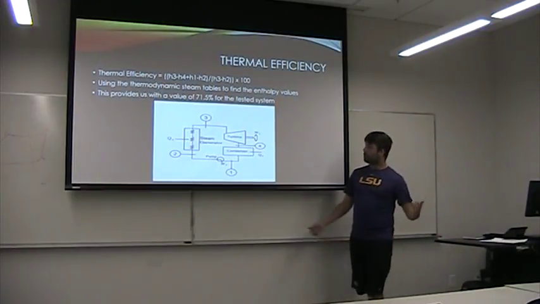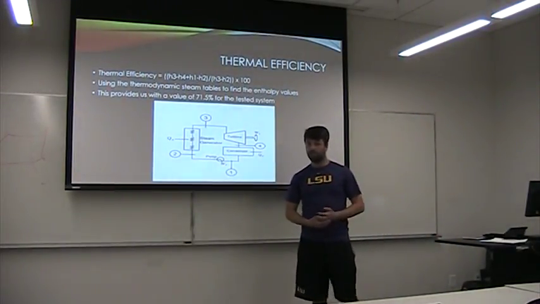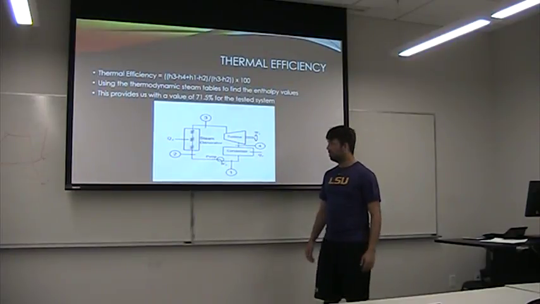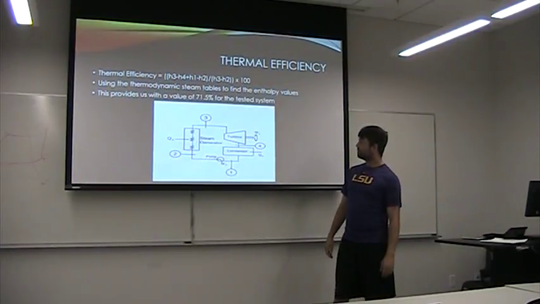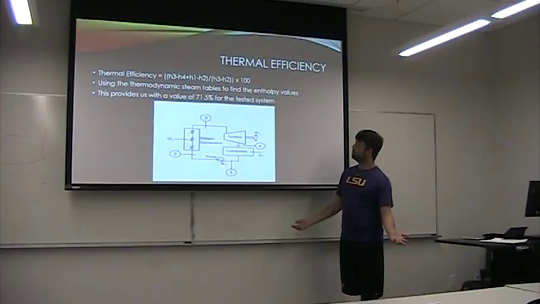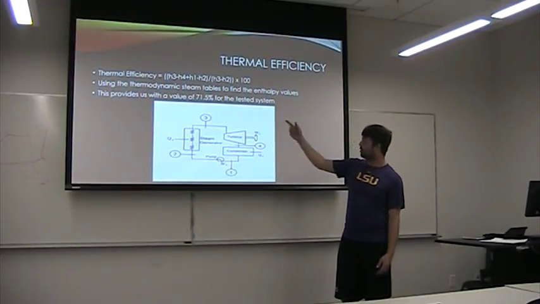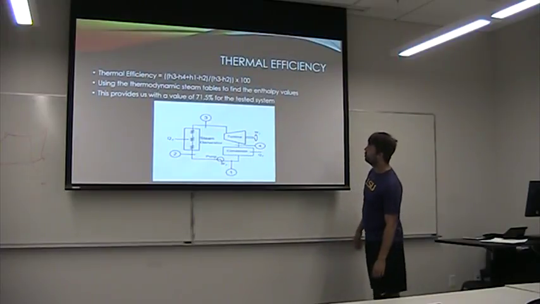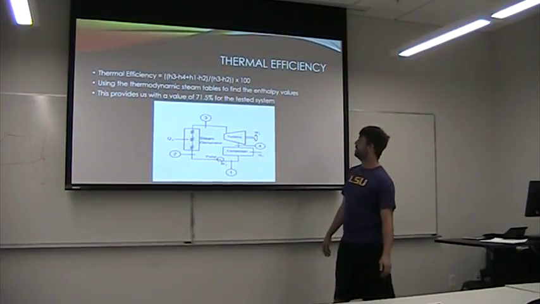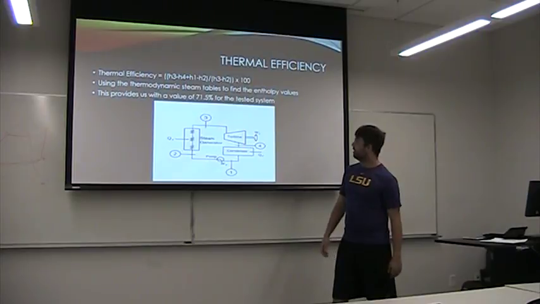And then basically what we wanted to do was find the thermal efficiency of our system as the ultimate goal. Basically, you want to use an ideal situation: H3 minus H4 plus H1 minus H2, over H3 minus H2, gives you the efficiency.